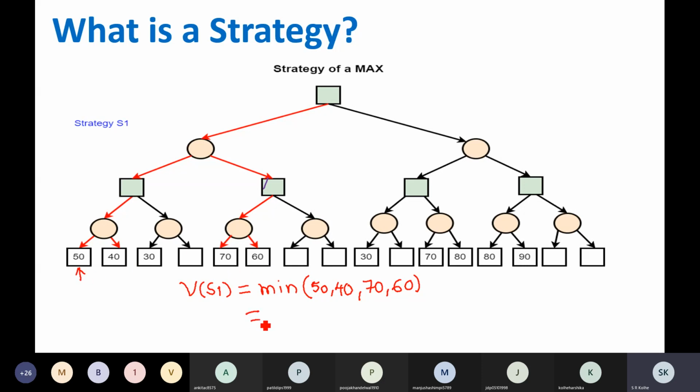So the minimum of these is 40, right? So the value of this strategy S1 is 40. We are considering strategy for max.